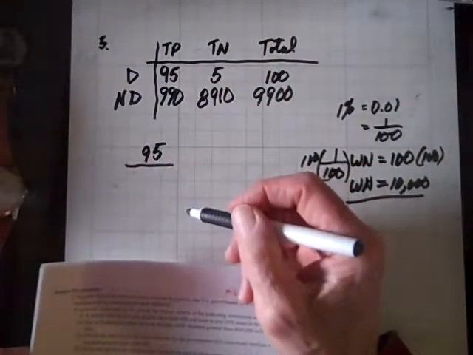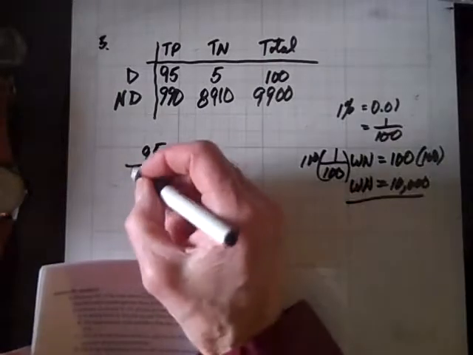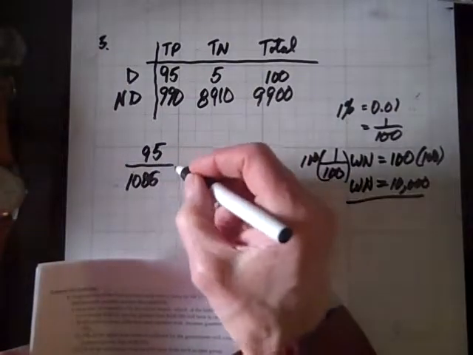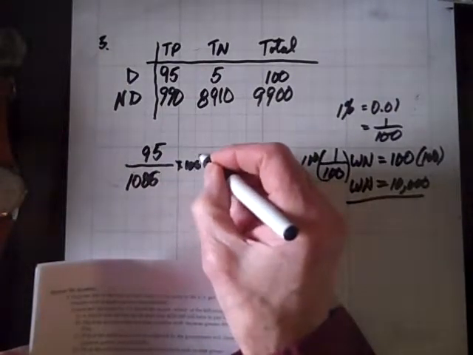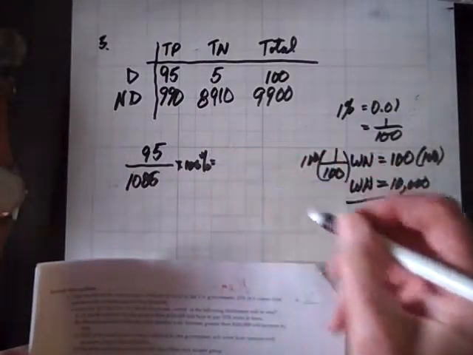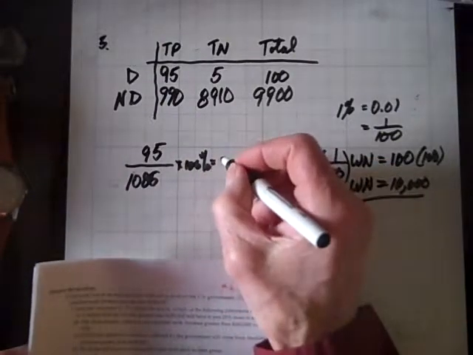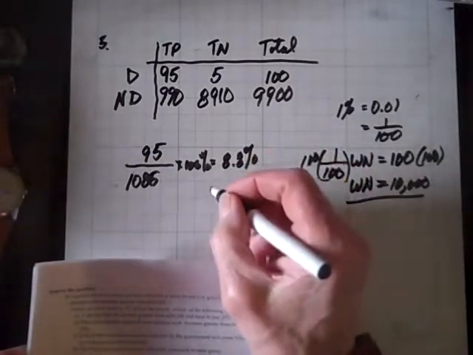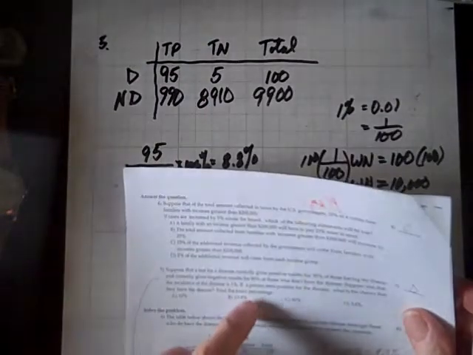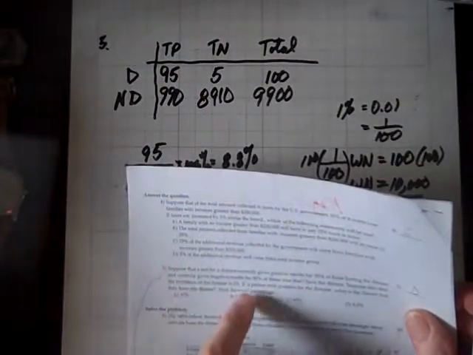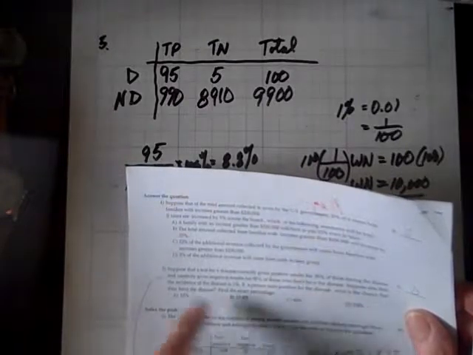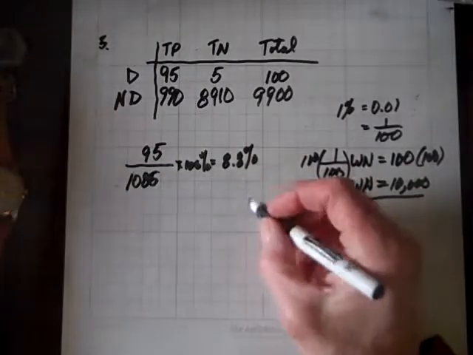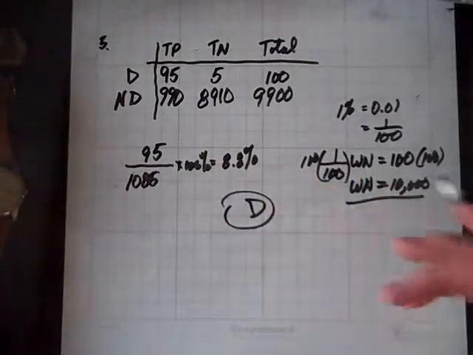And if we add 95 and 990, we get 1085, and times 100%, that quotient equals 8.8%. So the answer is, what is the chance, if a person tests positive for the disease, that they actually have the disease? It's D, 8.8%.